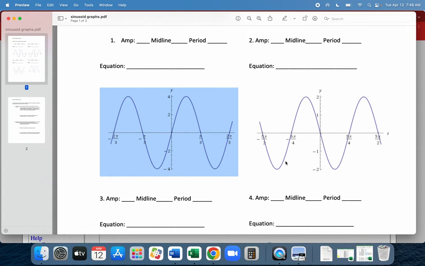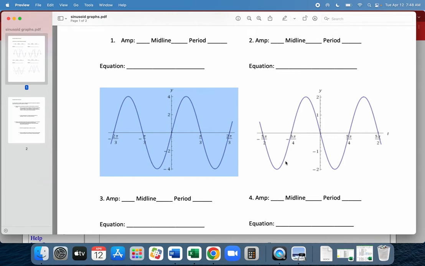So if I wanted to write a function for this, whether I call it f of theta or y equals, whatever I want to call it, let me call it f of theta. A sine function would be easiest to use, but it can't just be sine of theta, otherwise it would take 2 pi to start repeating. It must be sine of something 3 times as big as whatever theta I substitute in.